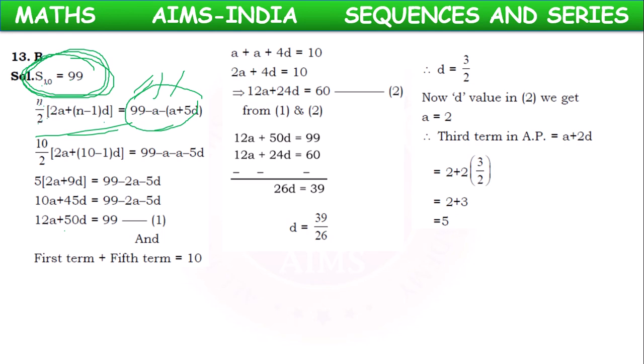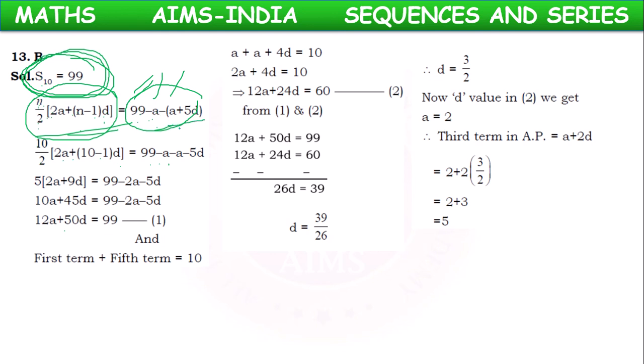So n by 2, S10 formula, n by 2 into 2a plus n minus 1 into d. Sum of 10 terms equal to 99 minus the first term, minus the sixth term. So this is the formula. In the place of n, we can keep 10 by 2, 2a plus 10 minus 1 into d equal to 99 minus a.